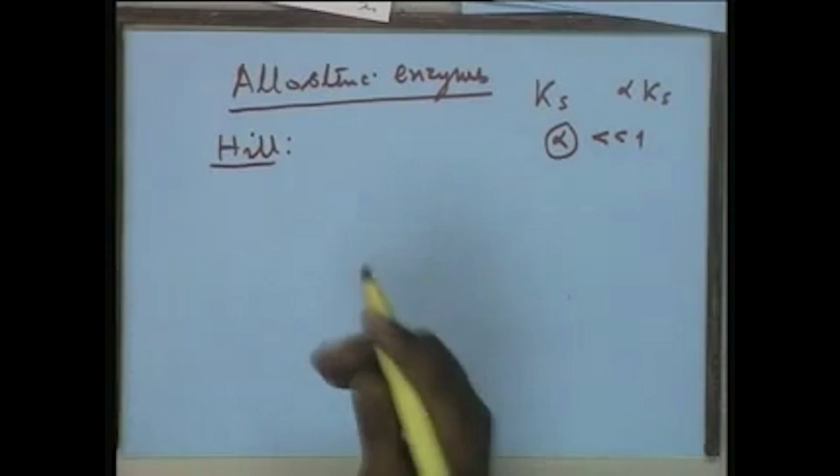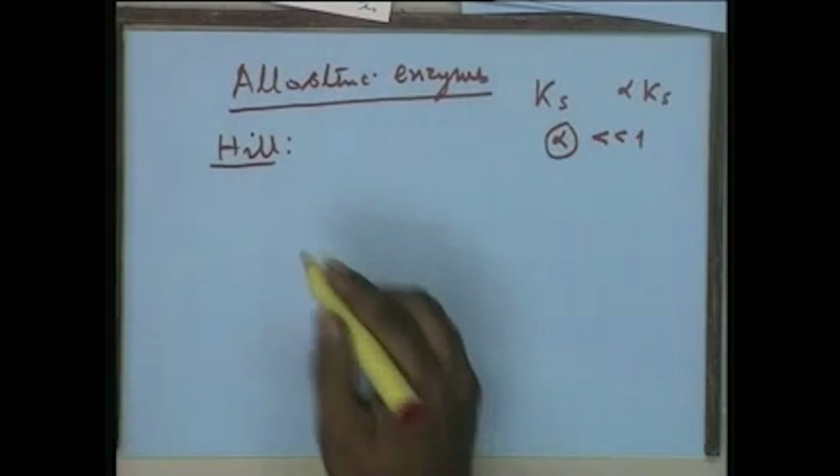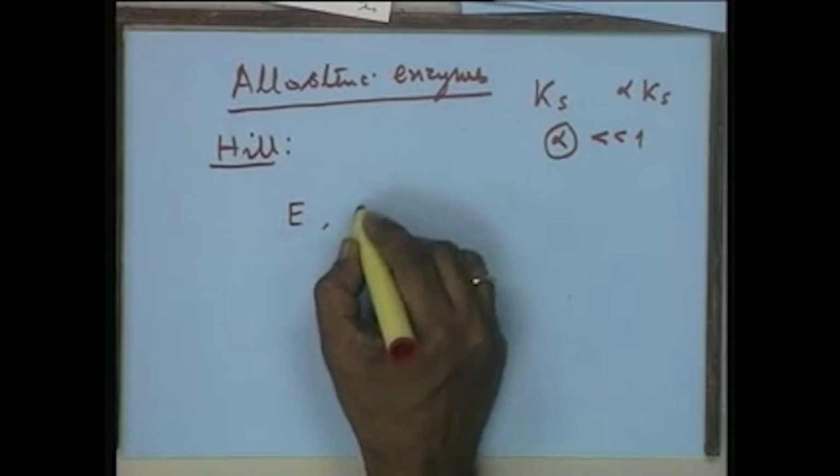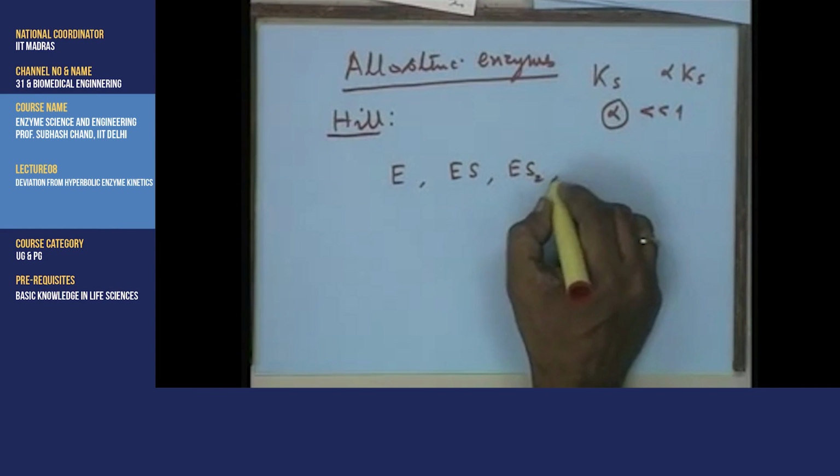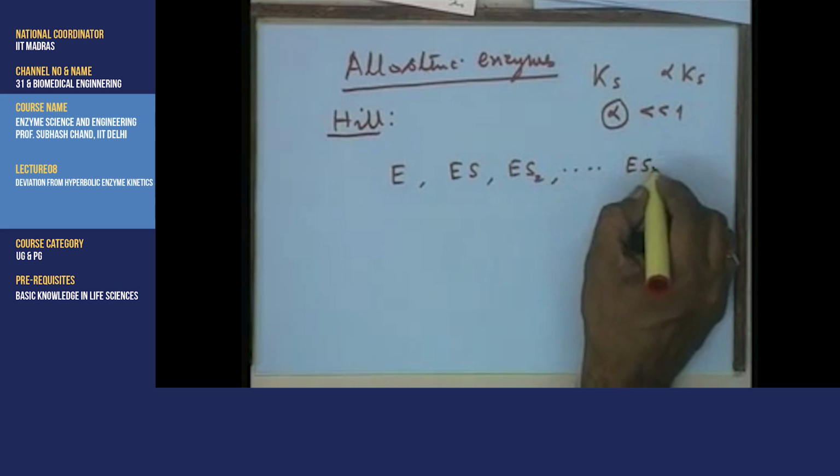Ultimately, at equilibrium or under steady state condition, the net effect will be that the bulk of the enzyme will be in the form of ESn. Now, obviously, theoretically at equilibrium, the enzyme must be available in the form of E, ES, ES2, so on, ESn.